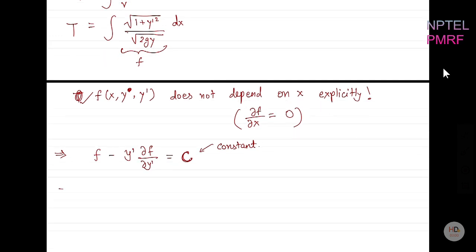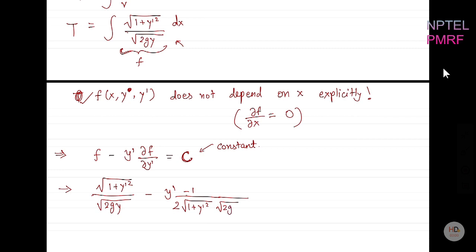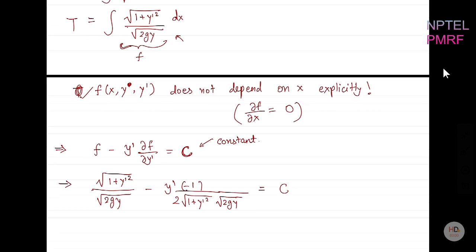Now, once you have it, let's put the value of f here: square root of 1 plus y prime square upon square root of 2gy, minus y prime times the derivative of f with respect to y prime. That becomes minus 1 over 2 square root of 1 plus y prime square and square root of 2gy, and this entire thing is some constant.